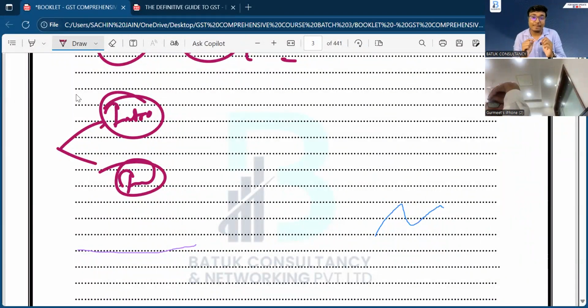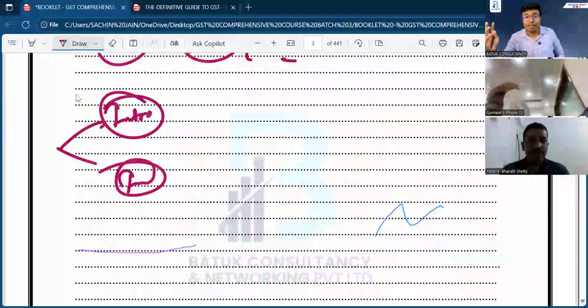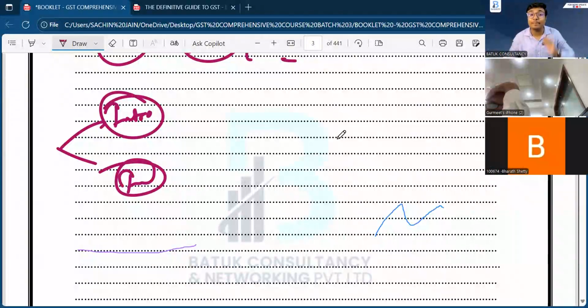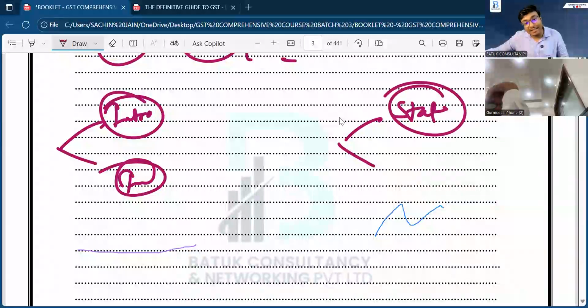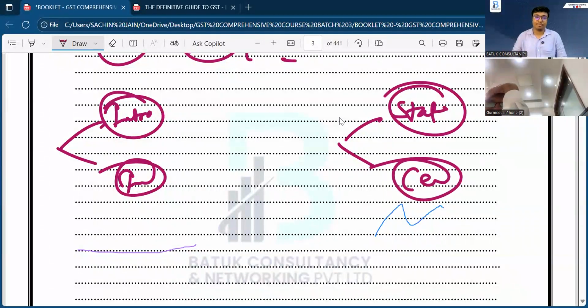Okay, and in case supply will be outside the state, in that case there will be a revenue sharing between the state and the center, because you are making the supply from a state and you are making the supply to a particular state. And sir, when you are making the supply from a state and to a state, then that state is also a part of center. है तो सब इंडिया का ही पार्ट ना. So there will be a revenue sharing between the state government and the center government.